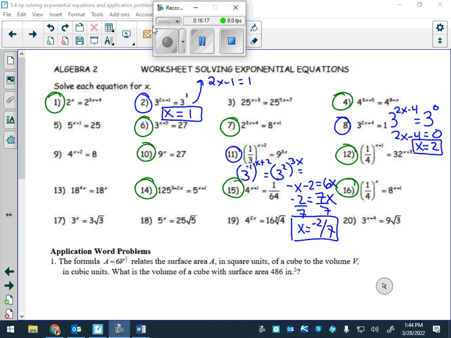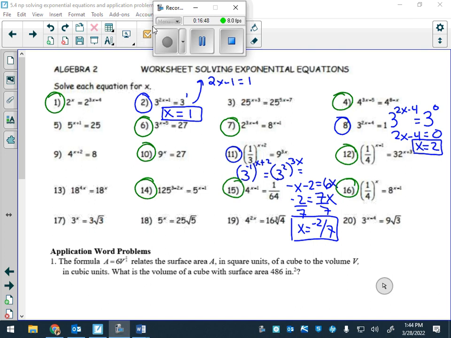All right, let's go through these. For number 1, correct. X equals 2. How many of you did get that correct? Good. Number 4, good. X equals 13/4. How many of you got that? For number 4, it should have been pretty straightforward because the bases are the same, so you're just dropping those down and solving for X. For number 6, good.